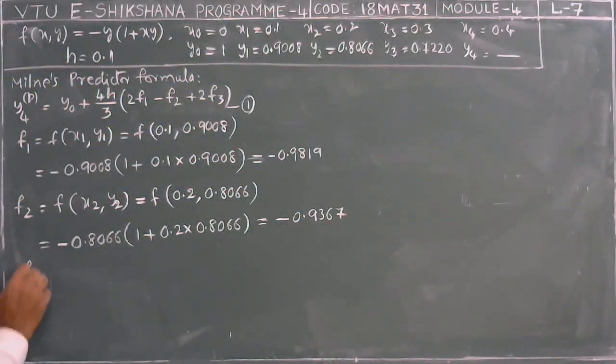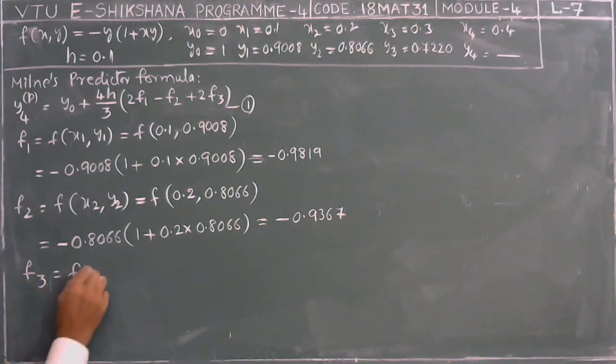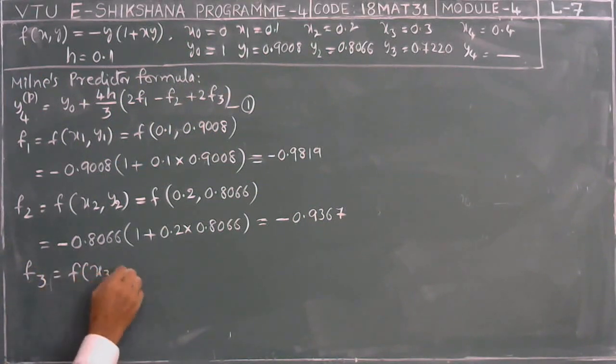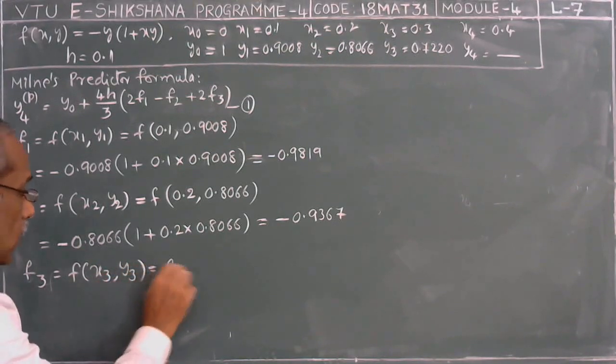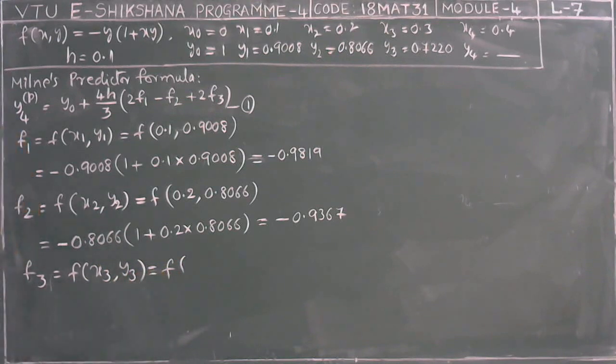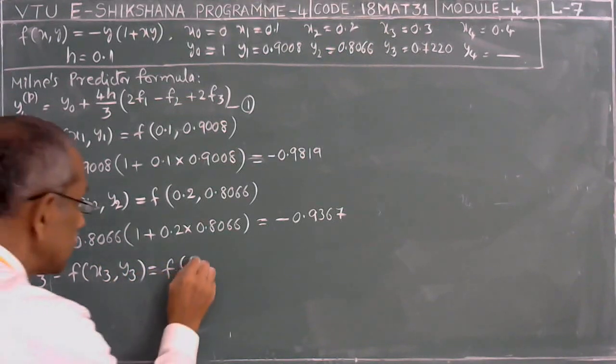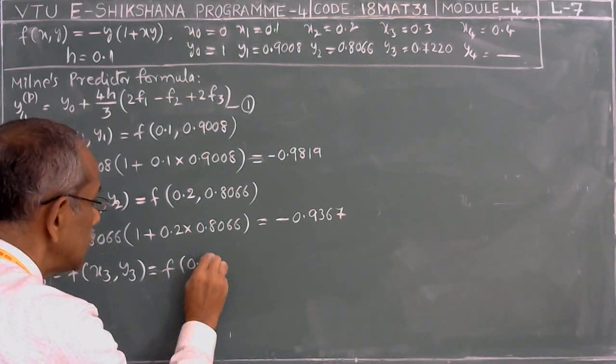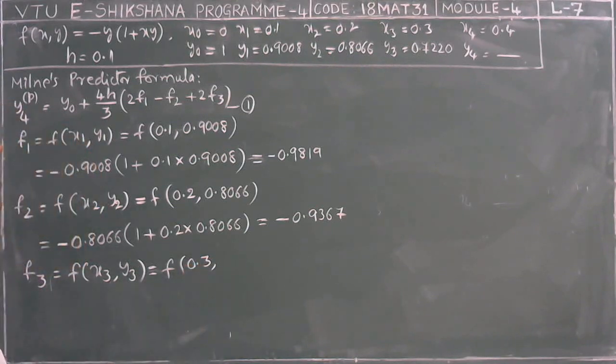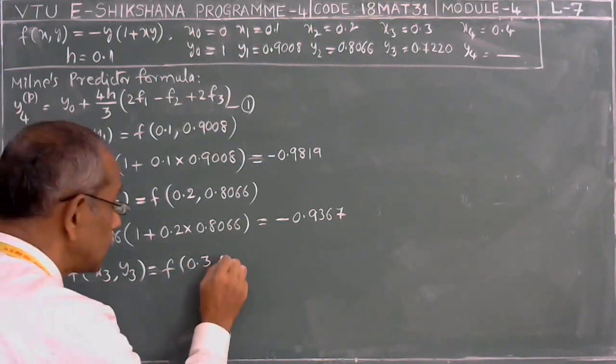Now lastly, f3 is f of x3 comma y3, which is f of 0.3 comma 0.722.